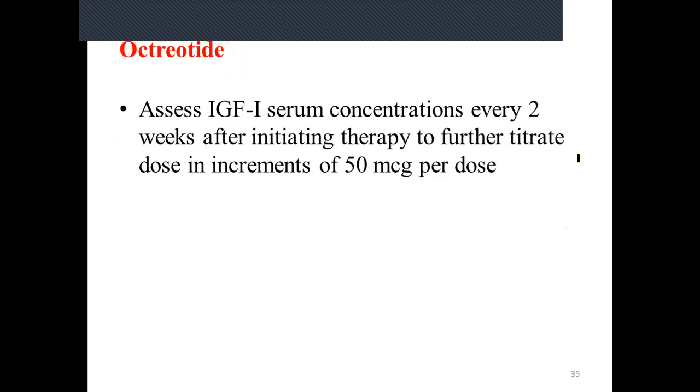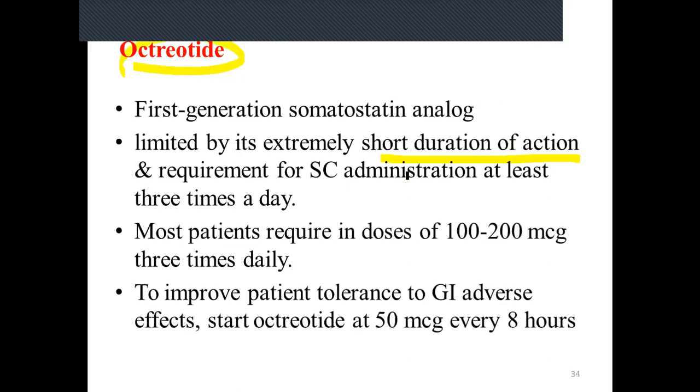Then after you give octreotide, we are supposed to assess the IGF-1 serum concentration every 2 weeks after initiating therapy to further titrate the dose, increasing by 50 micrograms per dose. These are the most common doses of octreotide.